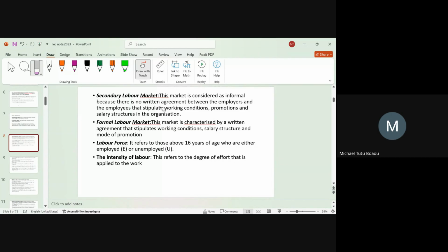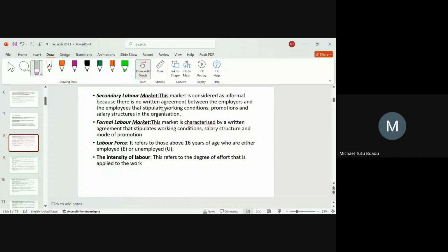In the secondary labor market, it is informal because there's often no agreement, or if you like, written document that stipulates the responsibility, the working conditions, the salary you will be paid, your promotion structure, and so on. In the secondary labor market, you don't have such arrangement. It's just like a construction firm.